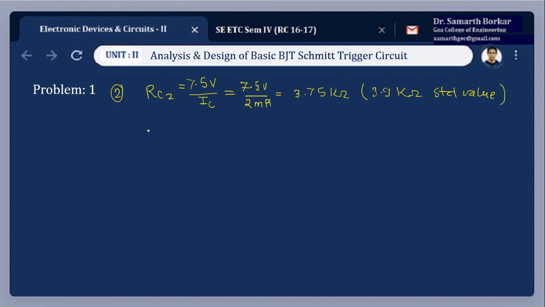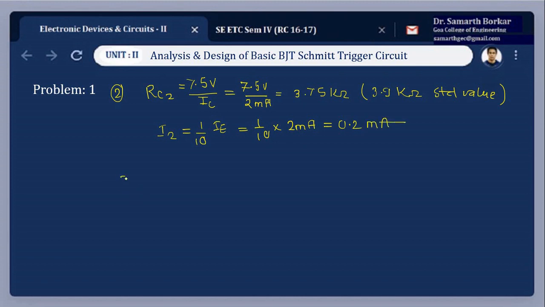Now from the steps, the fifth point, the value of I2 equals 1 by 10 times IE. IE is as good as IC, that is 2 milliamperes. So it is 0.2 milliamperes.